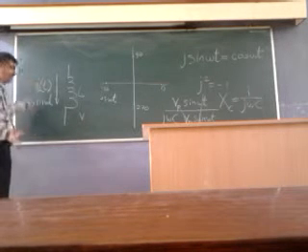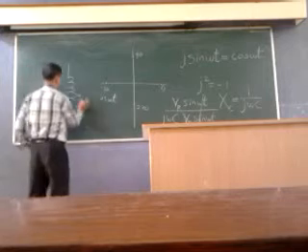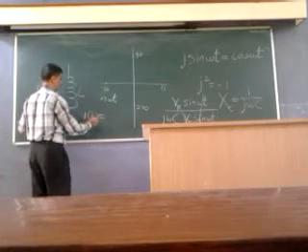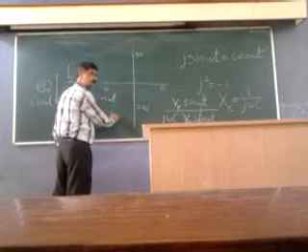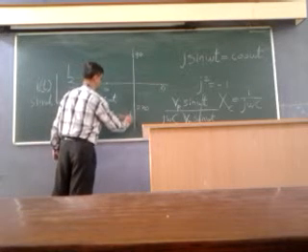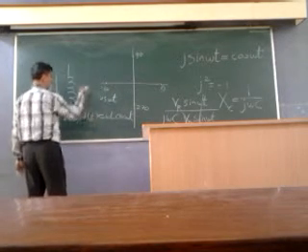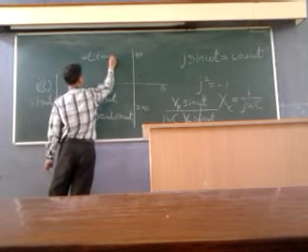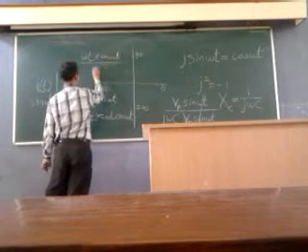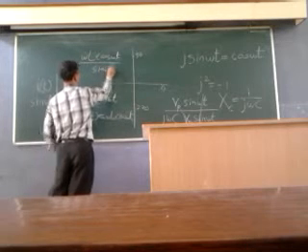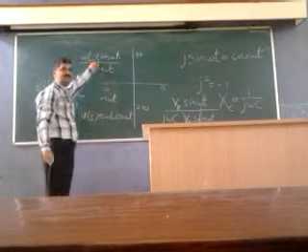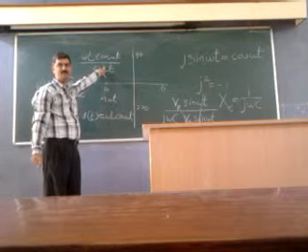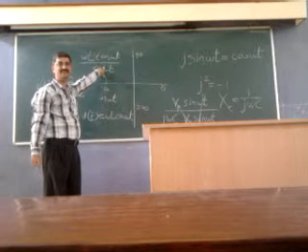So if It is sin omega t, what is Vt across inductor? It is omega L cos omega t. So what is impedance? Vt upon It, that is omega L cos omega t upon sin omega t. We know cos omega t is equal to j sin omega t. Sin omega t gets cancelled. Therefore, impedance of inductor is j omega L.